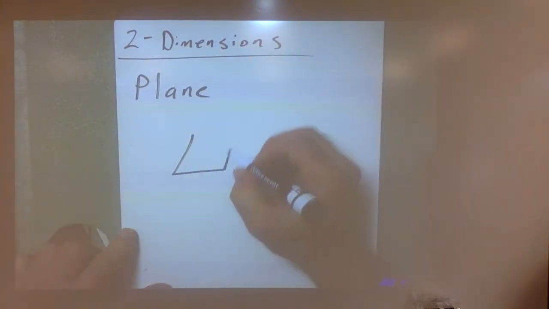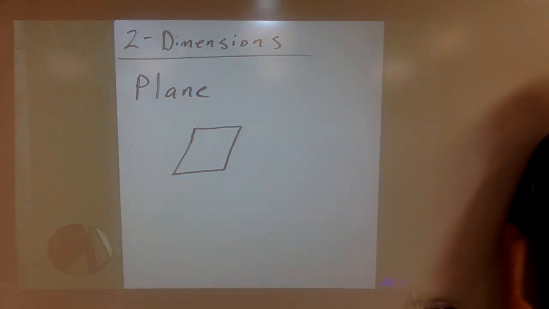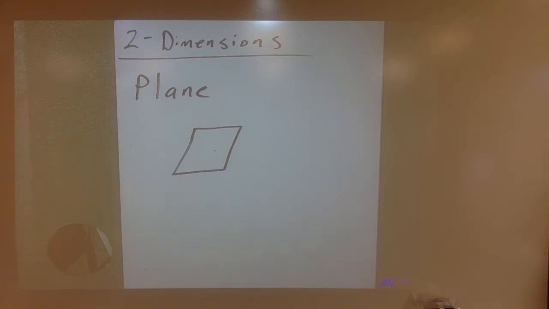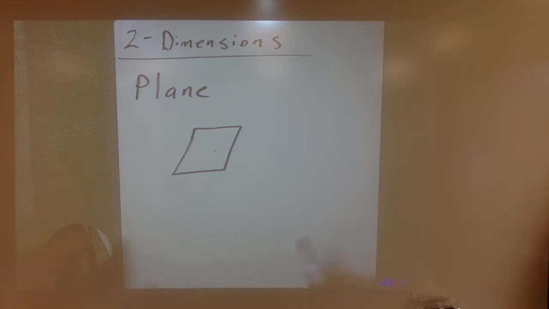A lot of times planes are drawn as a parallelogram. You might say, okay, it's a plane, imagine it going off in every direction forever. Well, if you say every direction, you're talking about up off the slate as well, and that makes it three-dimensional. So you can't say it goes off in every direction forever, but it goes off in the two-dimensional directions forever.